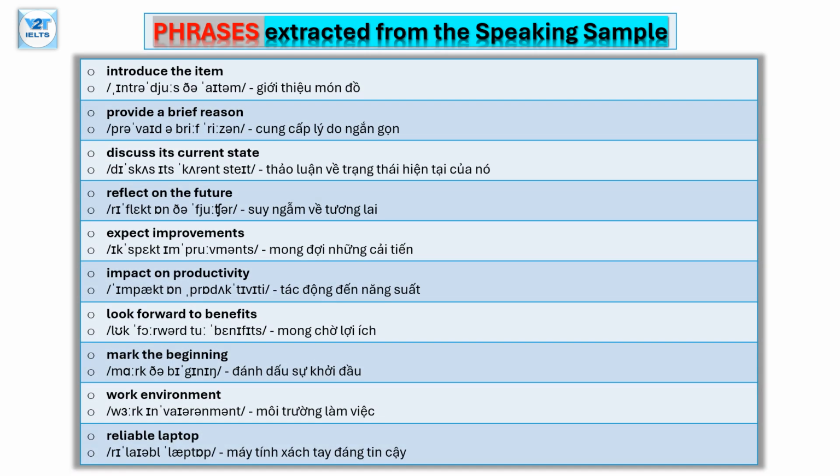Introduce the item, provide a brief reason, discuss its current state, reflect on the future, expect improvements, impact on productivity, look forward to benefits, mark the beginning, work environment, reliable laptop.